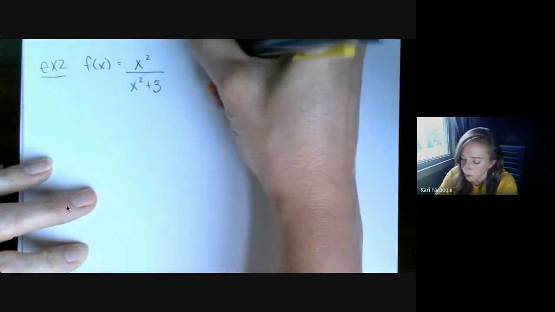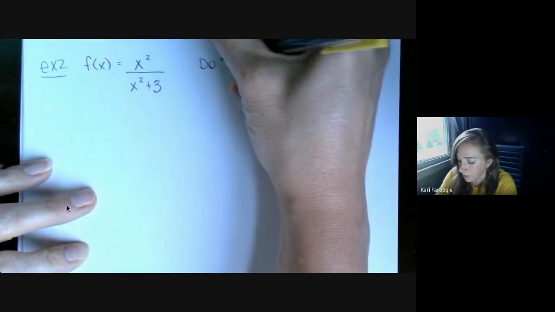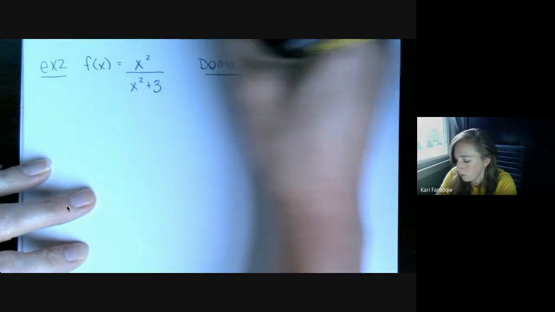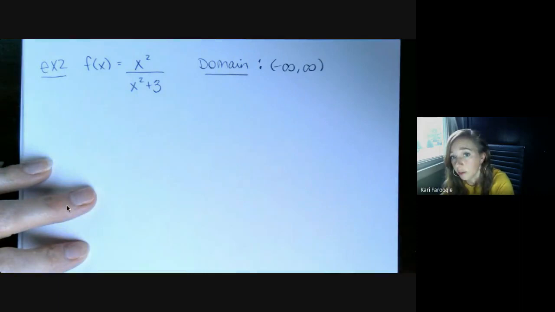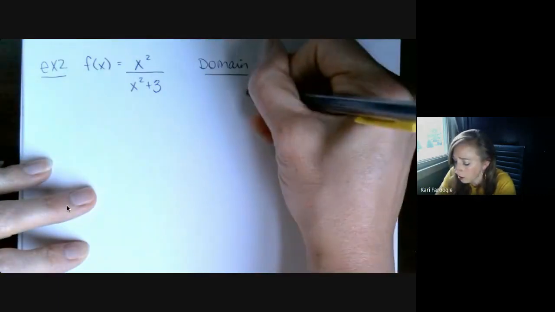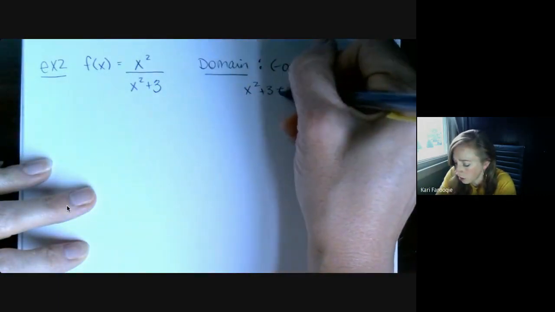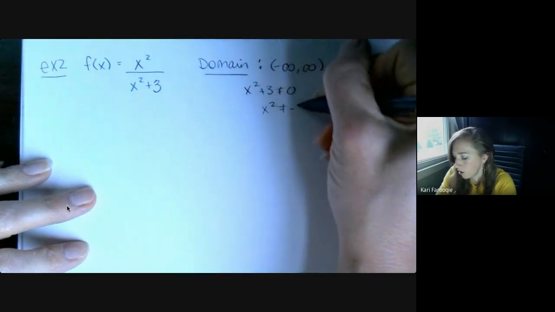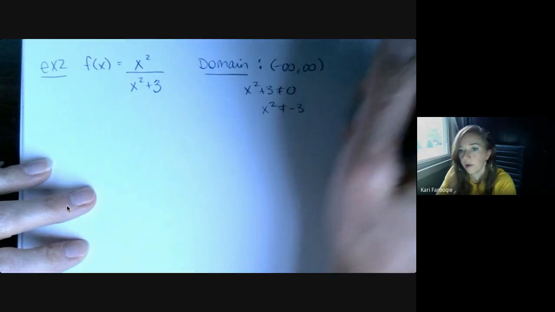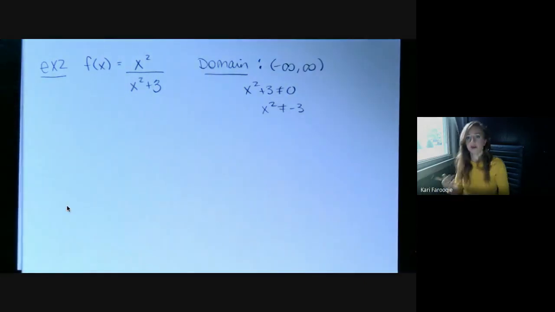The domain is going to be all real numbers because x squared plus 3 cannot be equal to 0 and x squared cannot be equal to -3. Well, you don't need to worry about a value squared being equal to -3. So our domain's all real numbers.